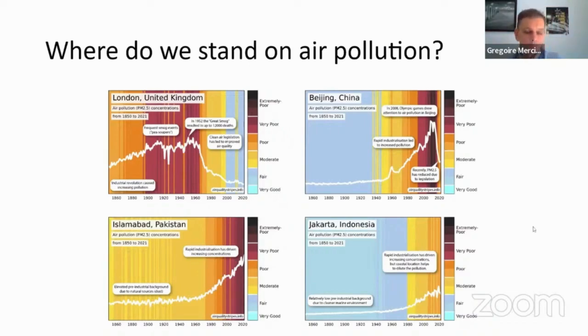Okay, so again, the bottom line here is that each country and even each city within a country has a different situation, but there are now lots of actionable and very useful and powerful interventions that can be taken, usually at the national level, to fight against air pollution.